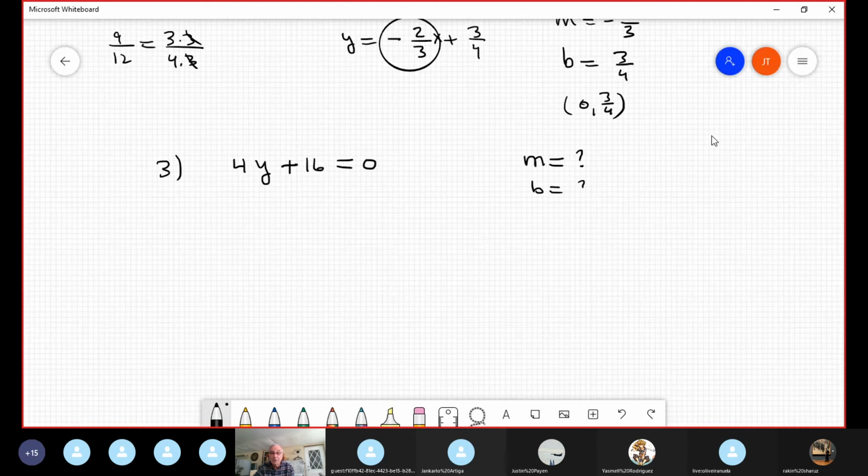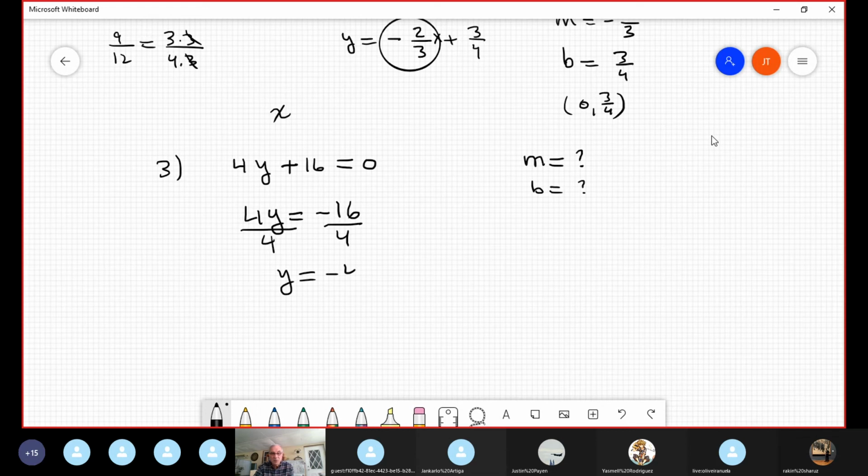B, I have no idea. So you need to transform it. This is not standard, because X is missing in this equation. So you try to solve for Y. Always, this is the technique, solve for Y. 4Y is equal to minus 16, divided by 4.